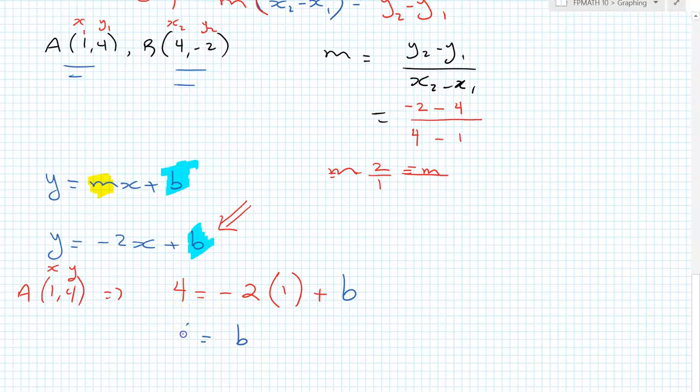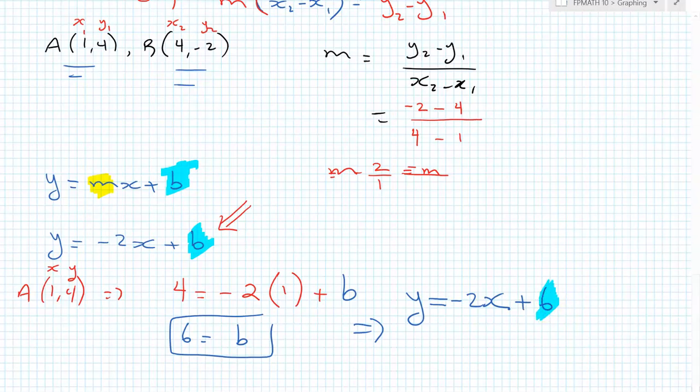Minus 2 times 1 is minus 2, then add 2 to both sides to isolate b, and b equals 6. So what does that mean now? Let's rewrite the equation: y equals minus 2x plus 6. Now we've got the y-intercept, we've got the slope, and now we're done. This is how you do it algebraically.